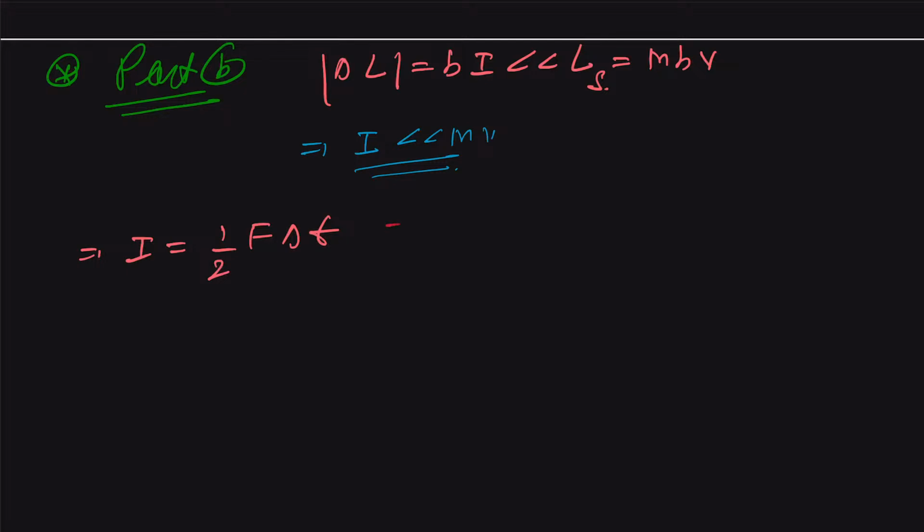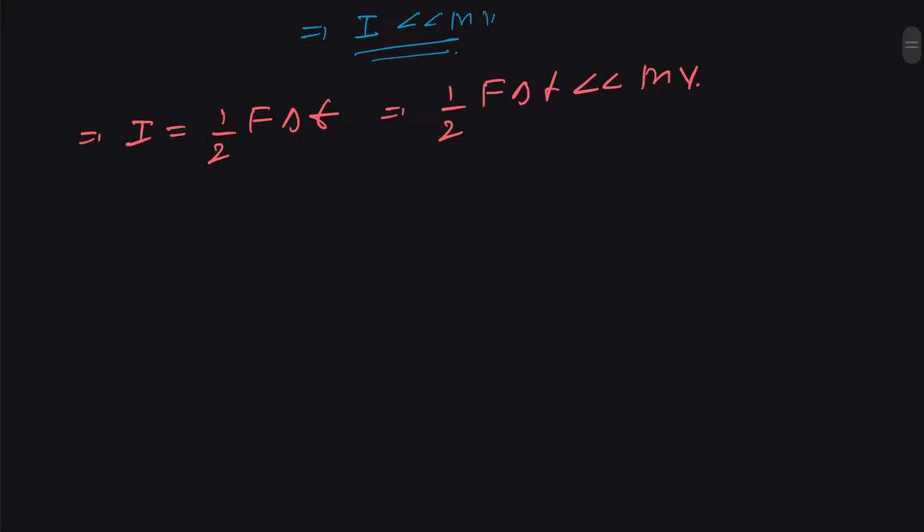So we simply substitute it, and we get F delta t is much less than mv. Therefore F should be much less than mv divided by delta t. So this is the condition for our force.